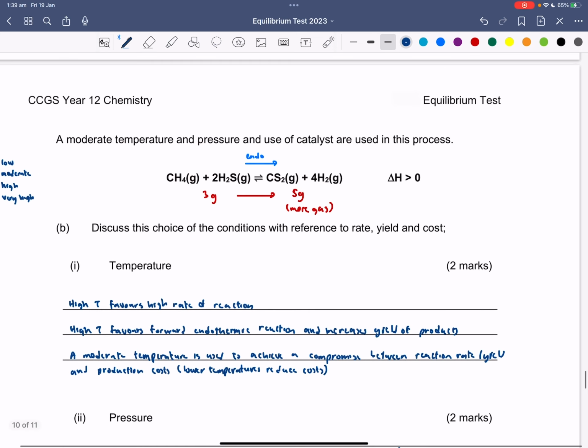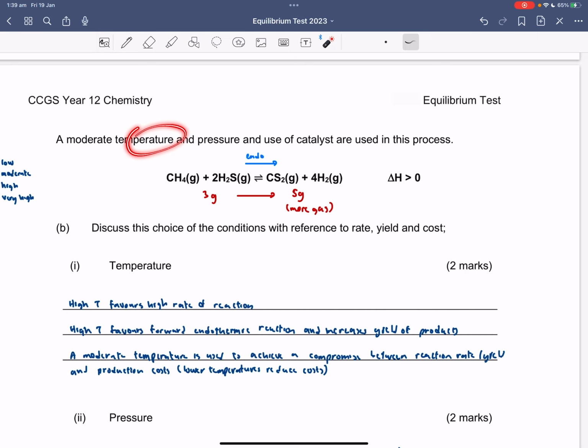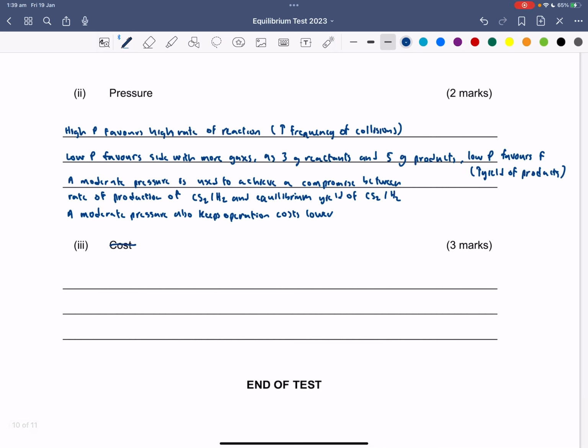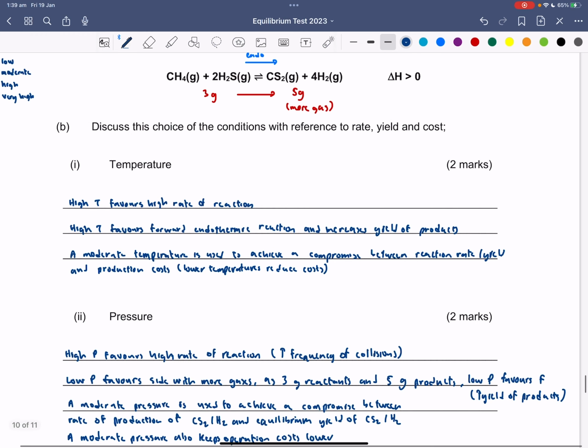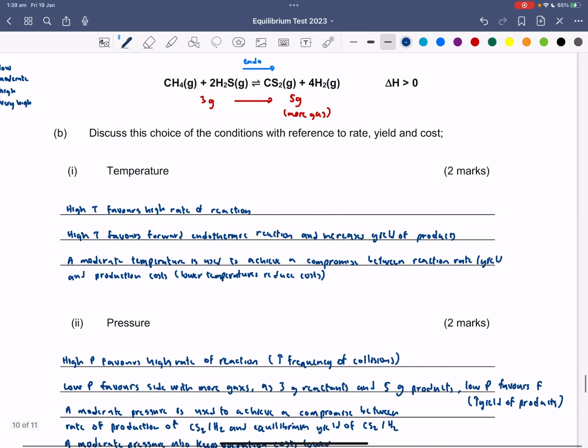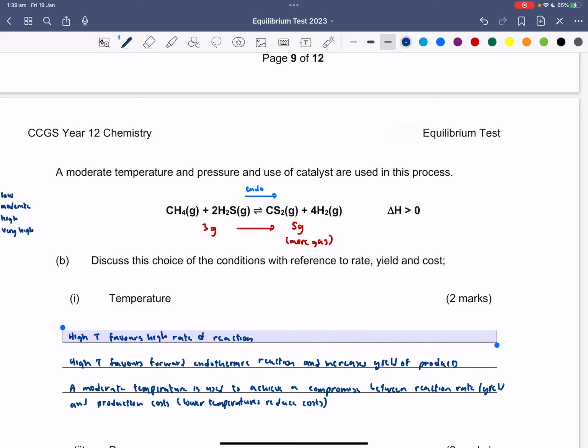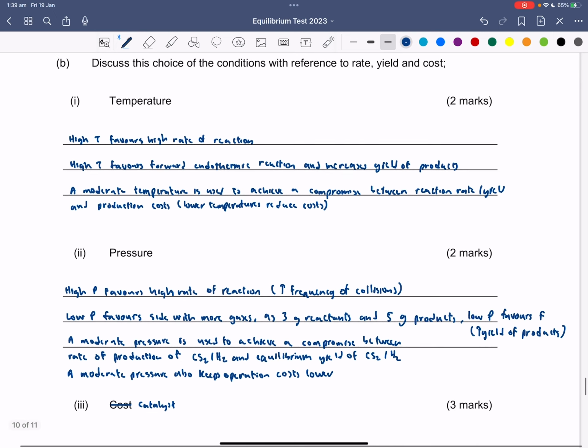All right, and there is a mistake here. It says moderate temperature, pressure, and use of catalyst. So there's temperature, there's pressure, and for whatever reason the word cost is written, what they mean is catalyst. Okay, so what do we need to discuss? Discuss the choice of these conditions with reference to rate, yield, and cost.